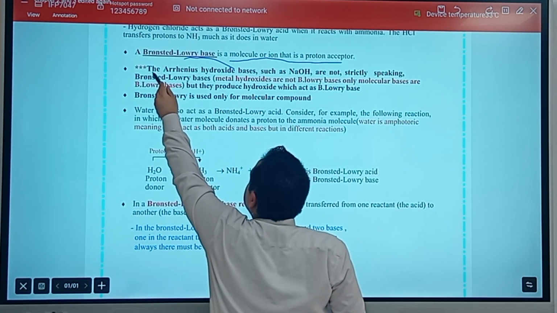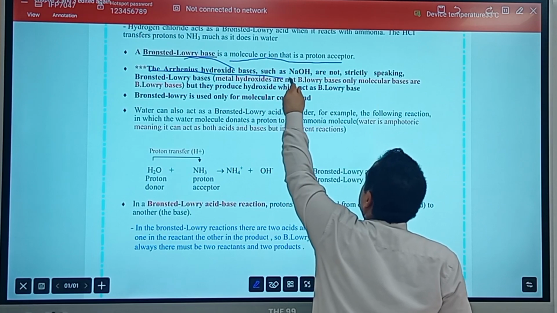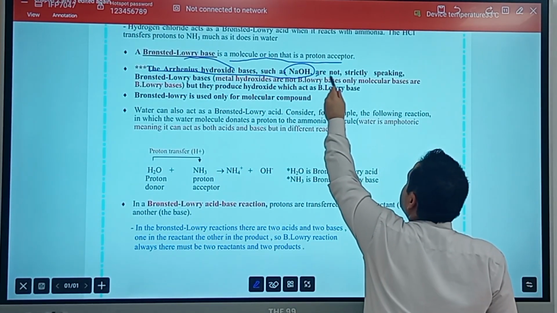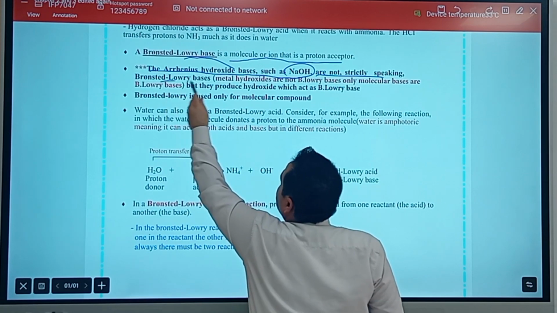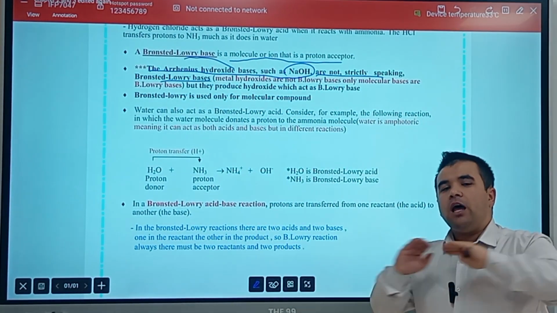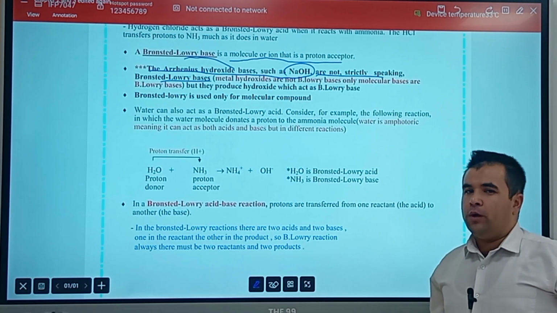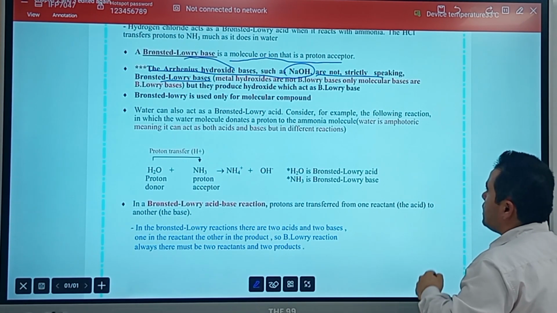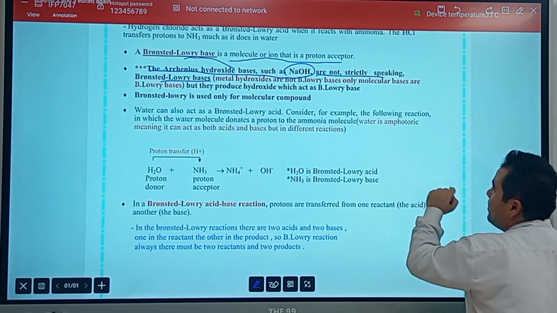Guys, the Arrhenius hydroxide bases such as sodium hydroxide, the metal hydroxides, are not strictly speaking Bronsted-Lowry bases. So we mean the metal hydroxides cannot be classified as Bronsted-Lowry bases. Why? Because there will not be any transferring of proton.